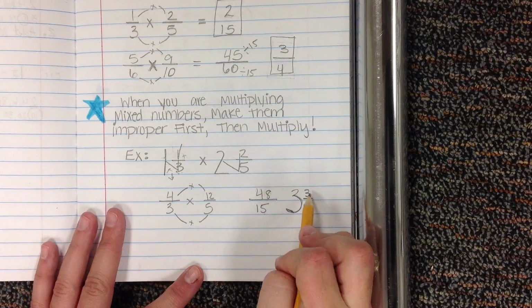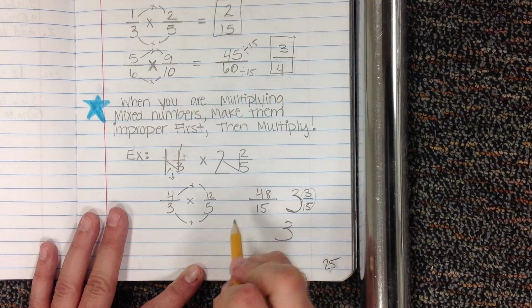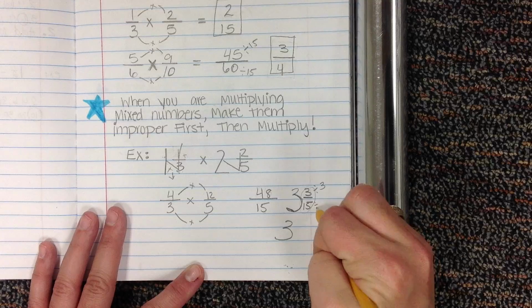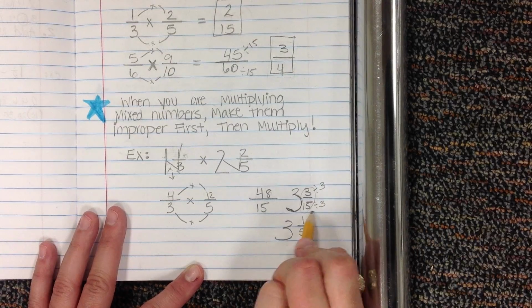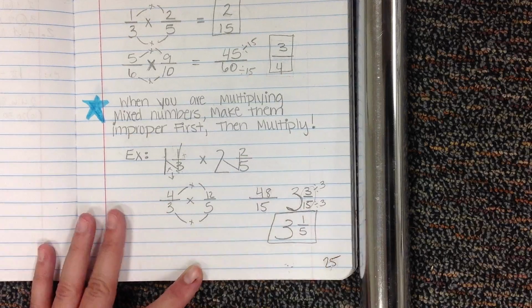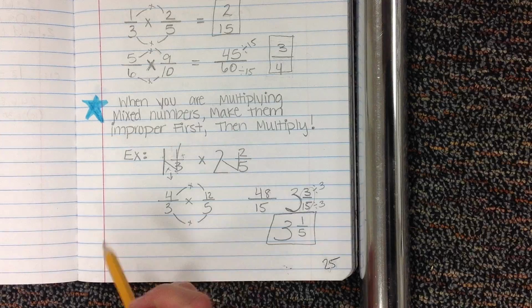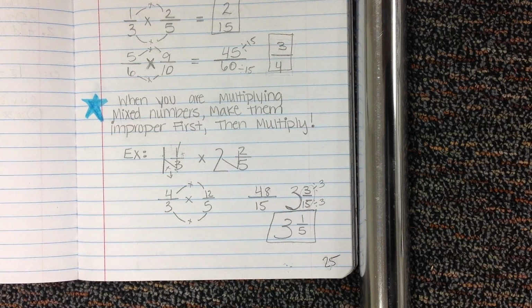But even still, this fractional portion is not simplified. It's going to be 3, and I'm going to have to divide each of these values by 3 to get it all the way simplified. 3 and 1/5. While it seems like a little bit more work, really all you're doing is top times the top, bottom times the bottom, and then you're simplifying those fractions.